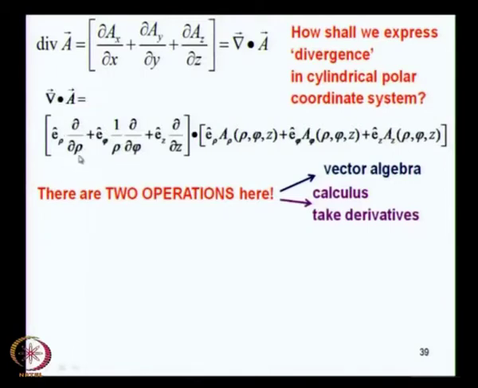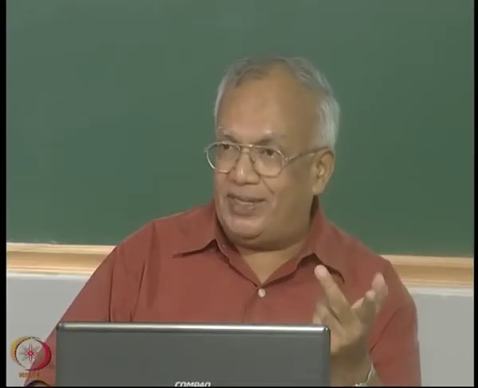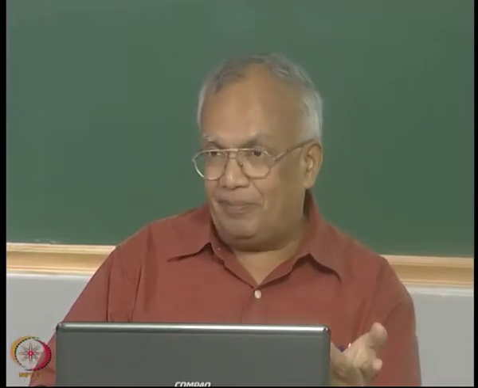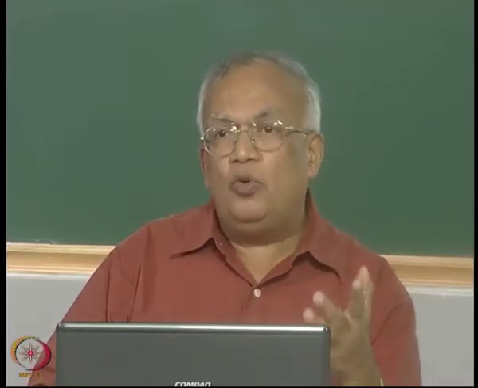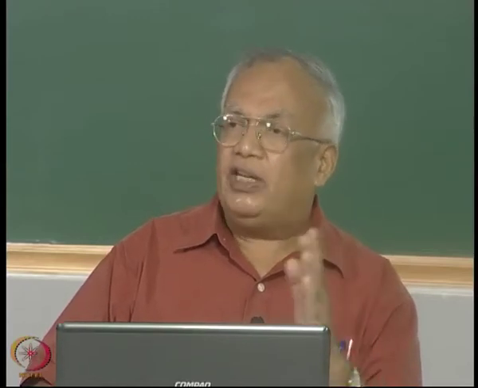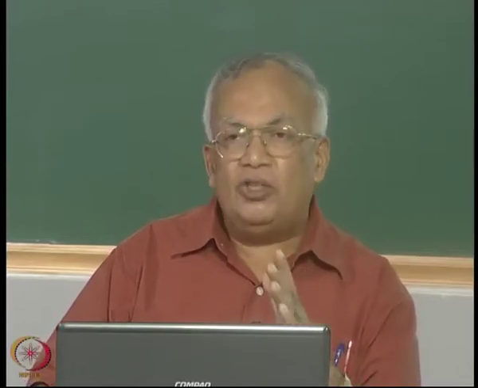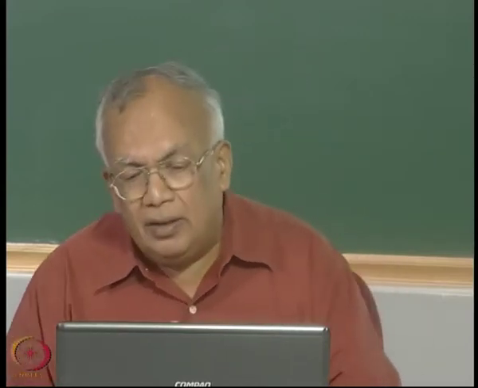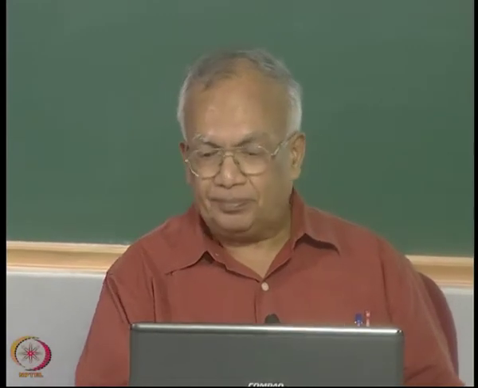So, there are two different mathematical features that we must simultaneously respect, and whatever we do must not be in conflict with vector algebra, and it must not be in conflict with the calculus and our mathematical mechanisms to take the differentials and the derivatives.